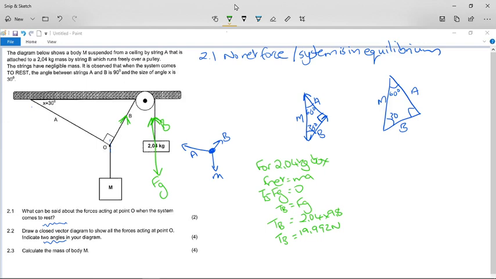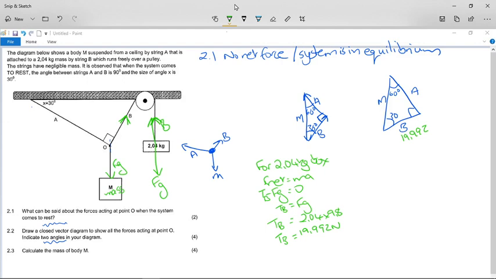So now, if you look at my triangle diagram, I now have a value here for B. B is 19,992. But this is part of a right angled triangle. And in order to calculate the mass of this box, I need to know the force in this string, this FG acting downwards.